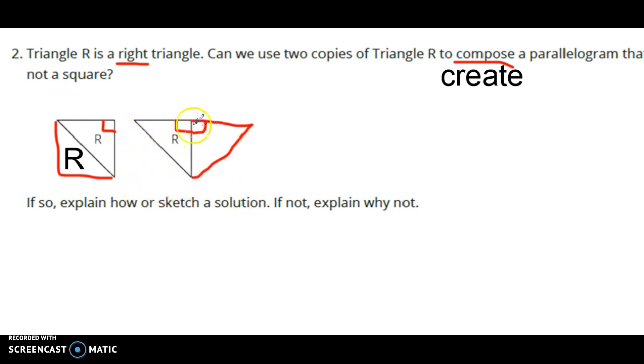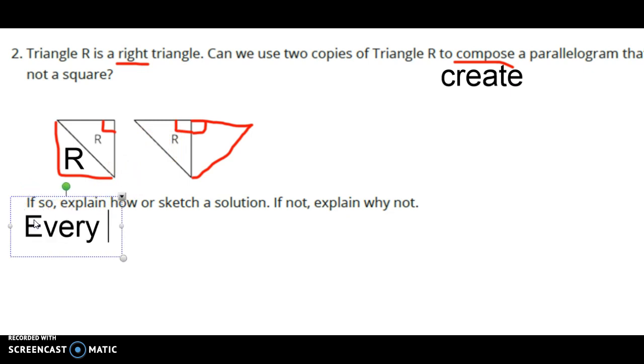No. Any way I move it, I'm either going to be creating a square or a large triangle. So down here where it says, if so, explain or sketch a solution, I actually can't do that. So I have to do the explain why not.